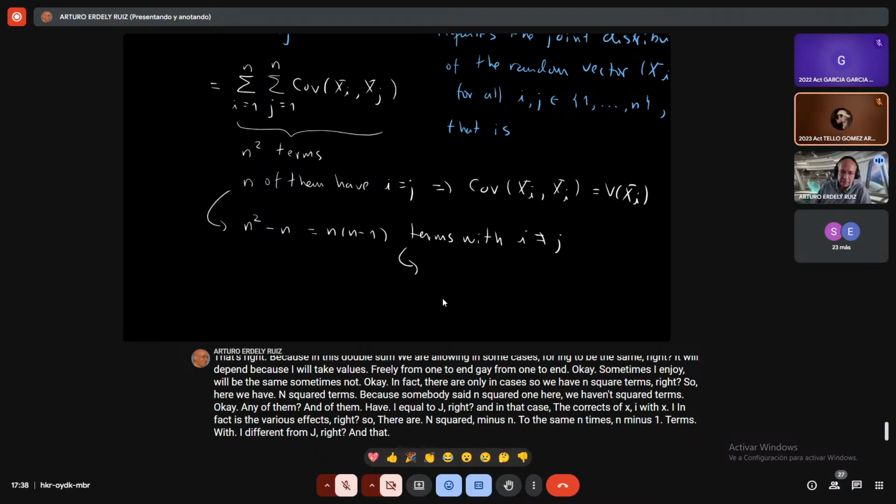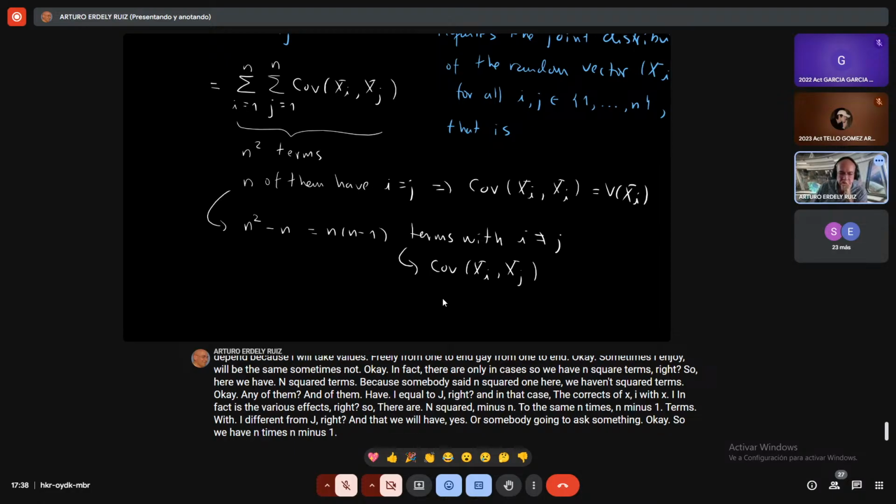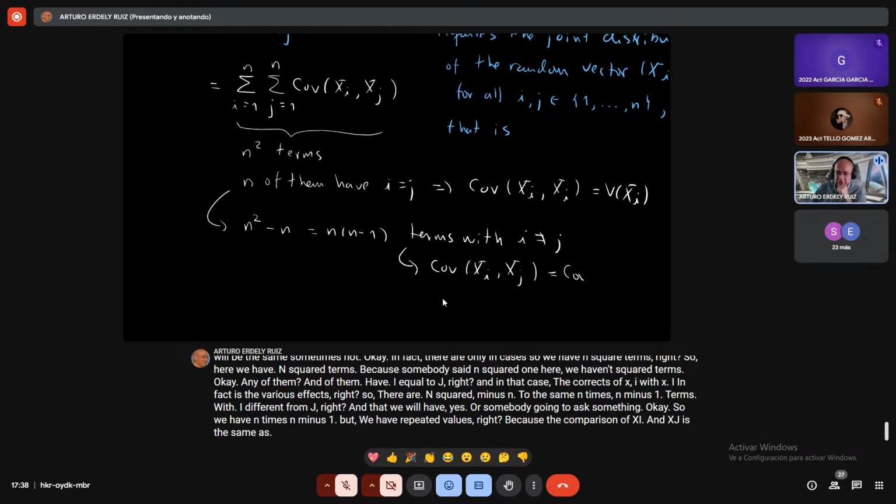Was somebody going to ask something? Okay. So we have n times n minus 1. But we have repeated values, right? Because the covariance of xi and xj is the same as the covariance of xj and xi.